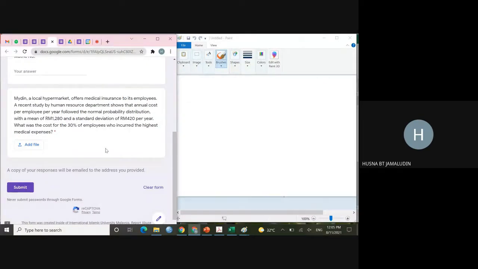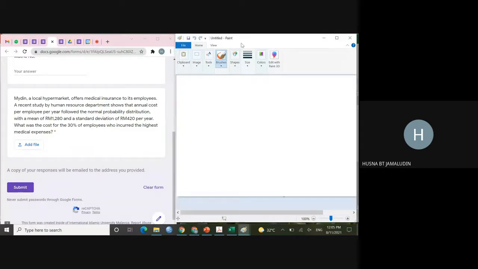Okay, so Mydin, a local hypermarket, offers medical insurance to its employees. A recent study by the Human Resource Department shows that annual cost per employee per year follows the normal probability distribution with a mean of, okay, this question clearly gives you the mean, so you don't really have to compute it.